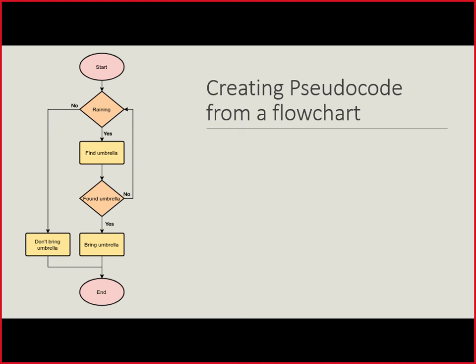In those 3 minutes, I would like you to create a piece of pseudocode that will mirror this flowchart. After the 3 minutes, I will write it, and then we can compare answers to see if you are on the right lines. Okay? So again, look at that flowchart and convert it into pseudocode.